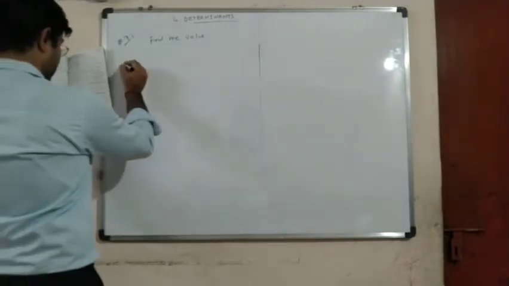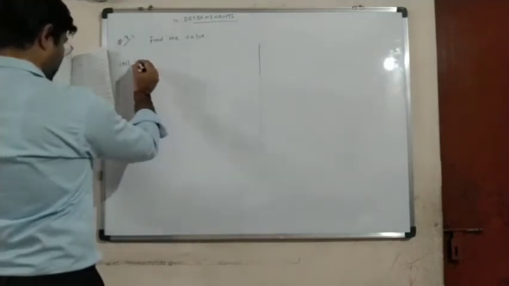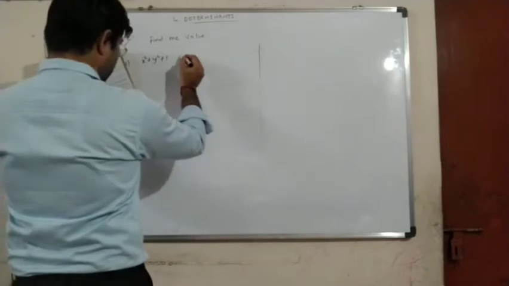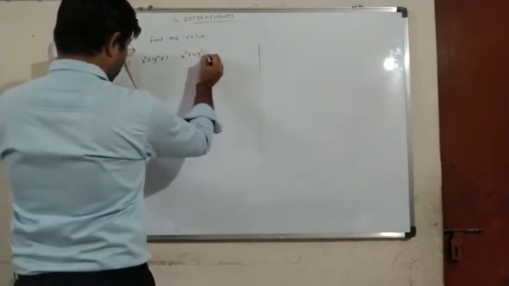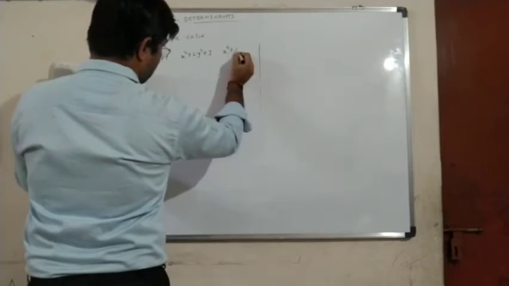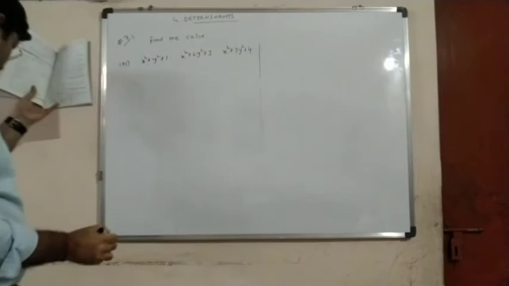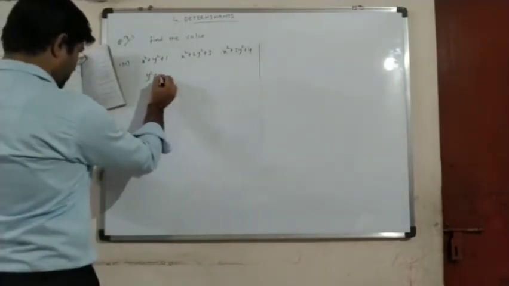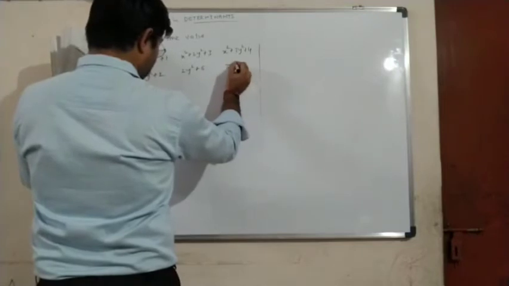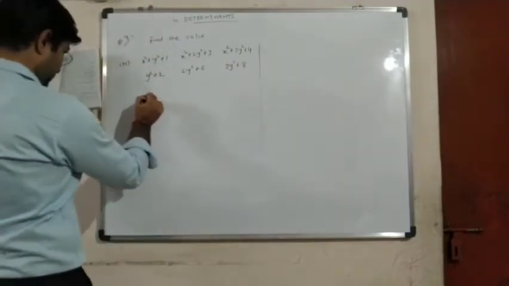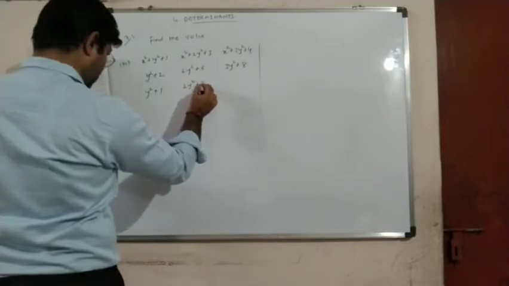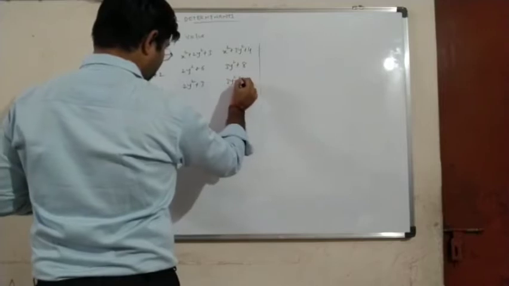Okay, question number 3 of 7. The determinant has rows: x square plus y square plus 1, y square plus 2, y square plus 1; x square plus 2y square plus 3, 2y square plus 6, 2y square plus 3; and x square plus 3y square plus 4, 3y square plus 8, 3y square plus 4.